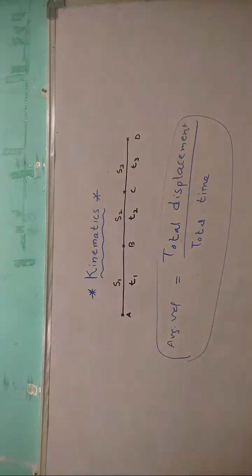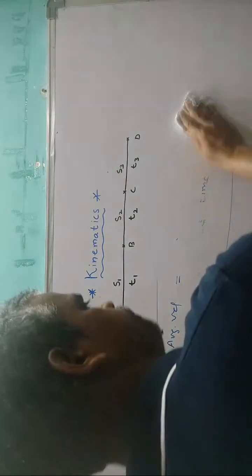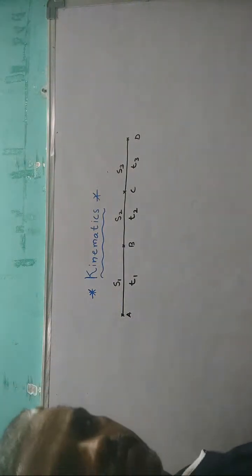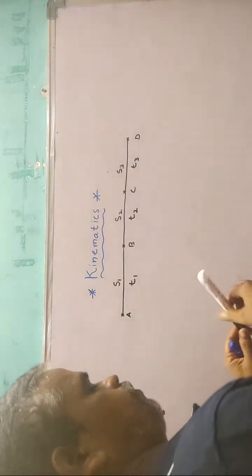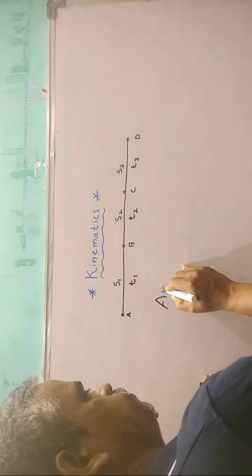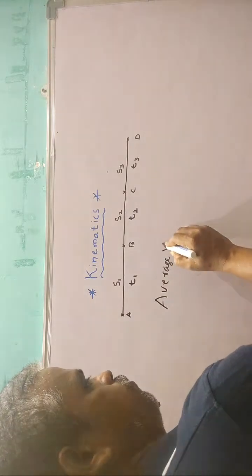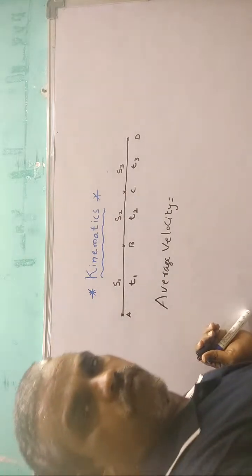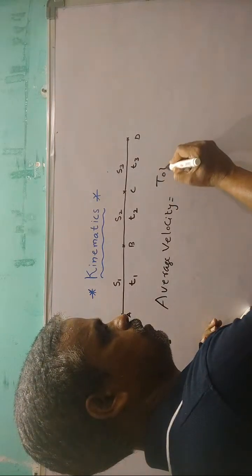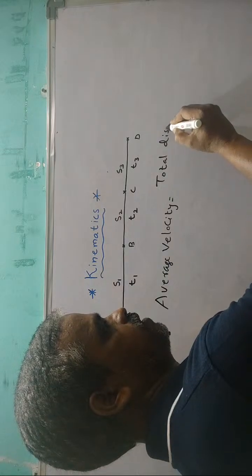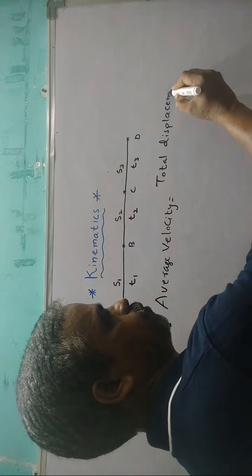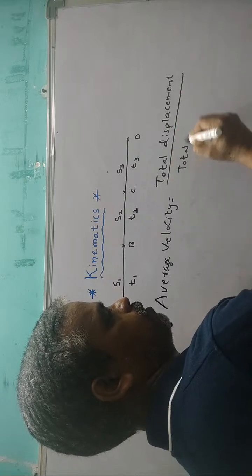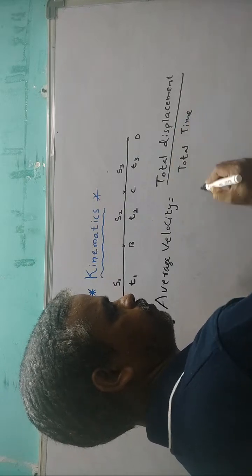So for this one, average velocity we have to calculate. Average velocity, already we have the formula: total displacement by total time.